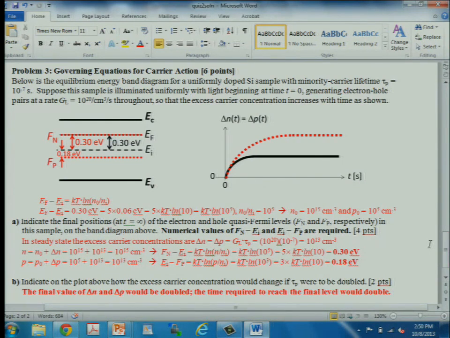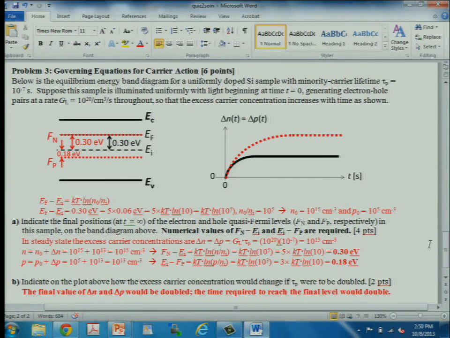So the sum is going to be significantly different than under equilibrium. So the quasi-Fermi level for holes will change position from the equilibrium position. And since it's 3 orders of magnitude higher hole concentration than intrinsic carrier concentration, it's just 3 times 60 millielectron volts separation from the intrinsic Fermi level.